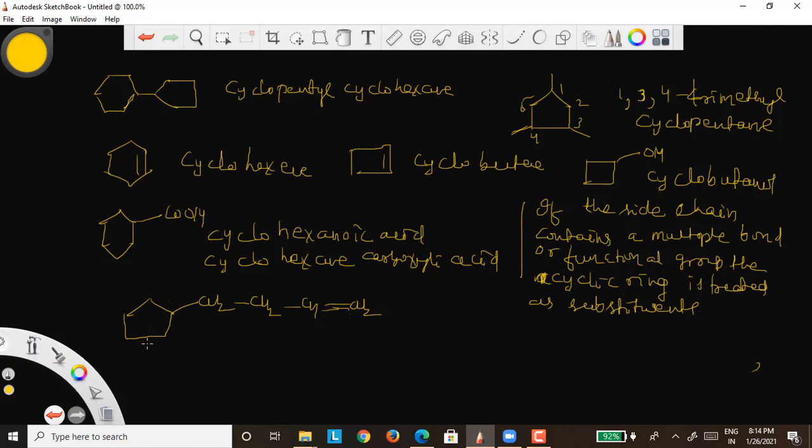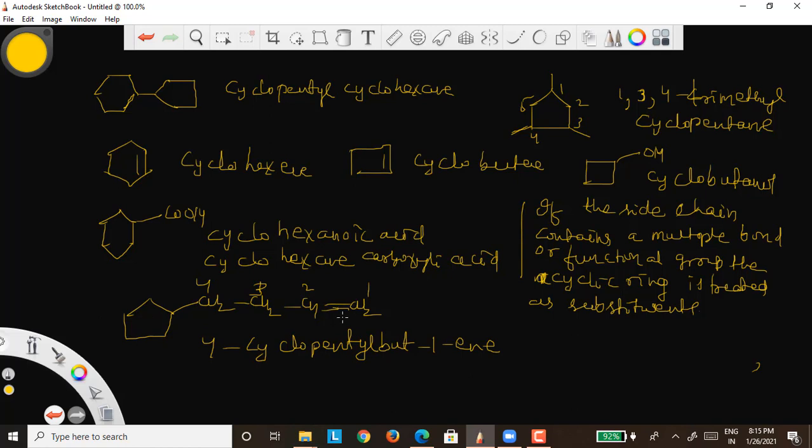So cyclopentane will be your substituent, cyclopentyl. Numbering you can give 1, 2, 3, 4. So its name will be 4-cyclopentyl but-1-ene.